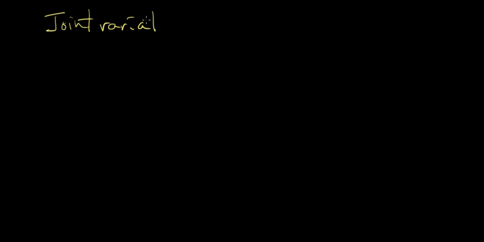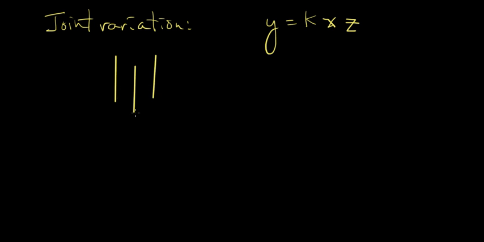You have another variable. So y equals kxz. You have another variable in there. So now the example is from geometry. So let's do a little geometry. We're going to build a rectangular prism.